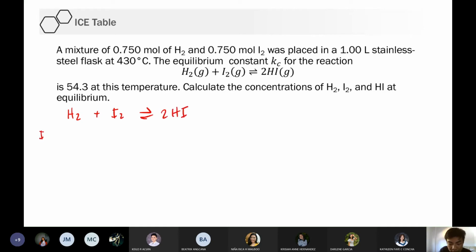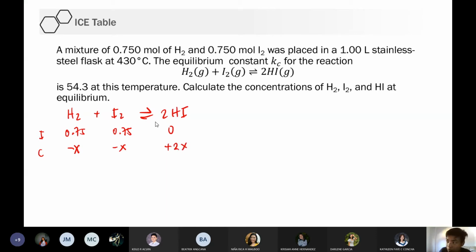Again, for the I, that's 0.75 molar for H2, 0.75 molar for I2, and 0 for HI. Since we do not have any products, the reaction will proceed towards the product. So the reactants will decrease over time, and the change is negative x for them. The product will increase over time, so the change is positive 2x.